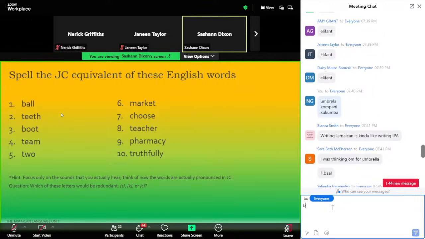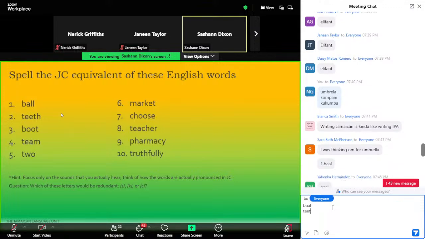And then number 5, two. Another word that the pronunciation is similar in English and JC. All right. I see a lot coming in the chat. So I'm going to mute again and then put your suggestions, your spelling on the screen, and then we run through the first 5.